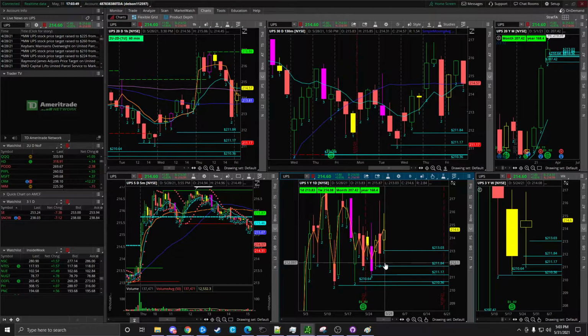Now, for gaps, I want to cover gaps a different day, just because they can be a lot more complicated to play, because the market does not like gaps and they want to fill gaps. And also, when you have places of low volume, price will slash through that very, very quickly. I'm learning about using volume profile and stuff.